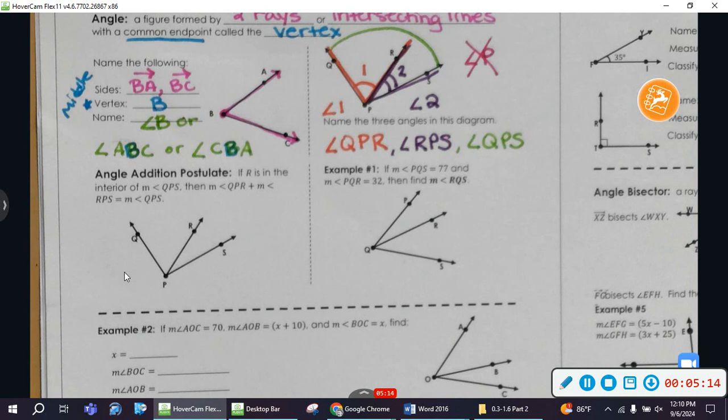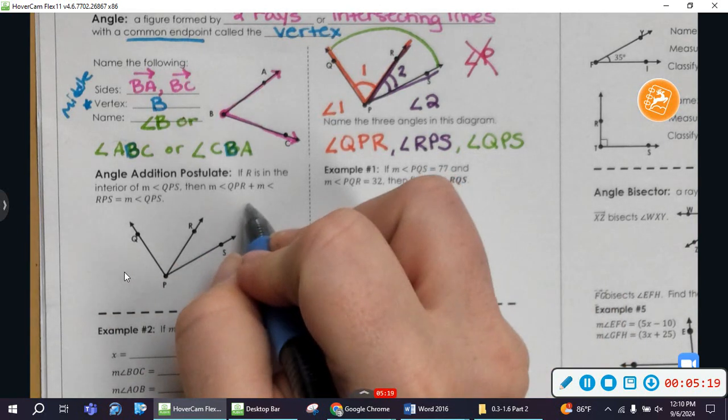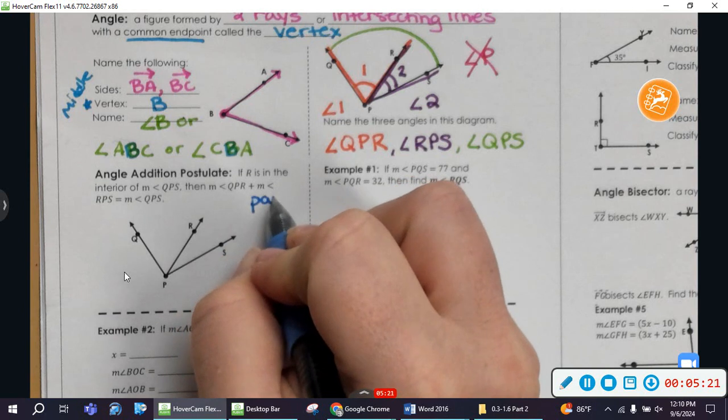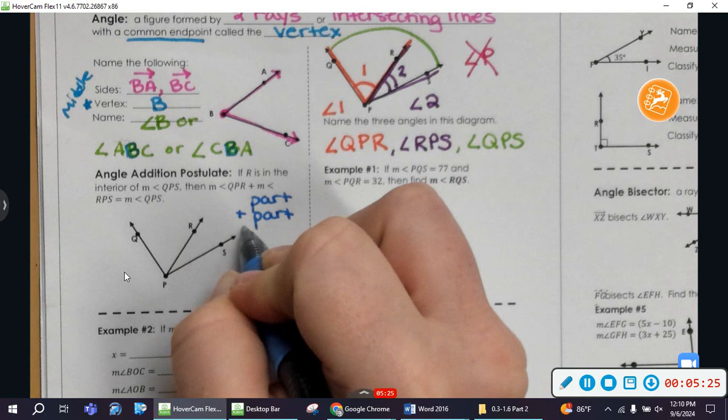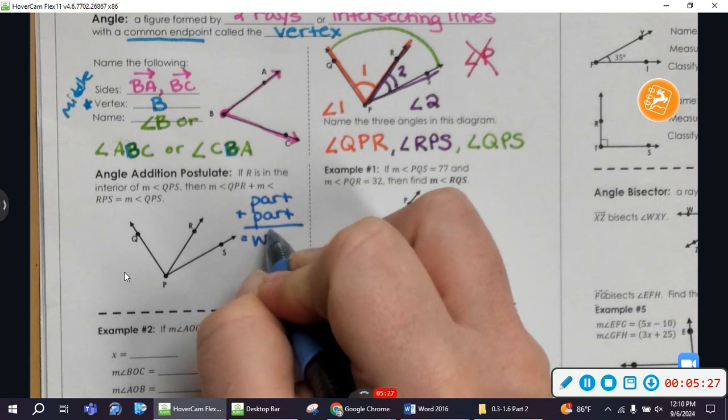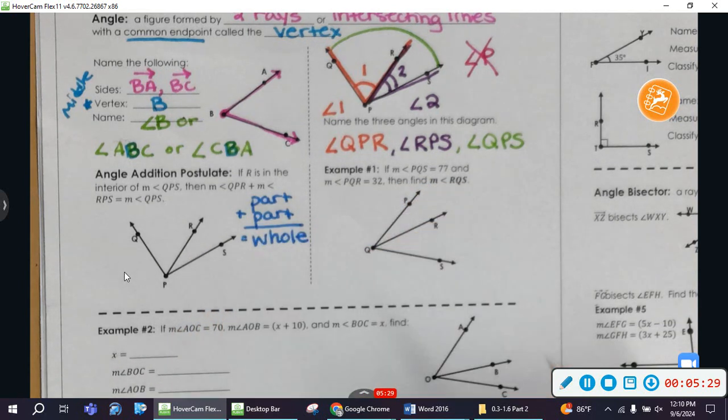And last time we talked about this, we said the phrase part plus part equals the whole thing. That's what we did for segment addition postulate, and we're going to do the same idea here.